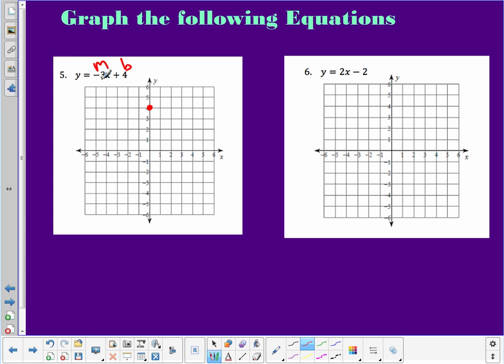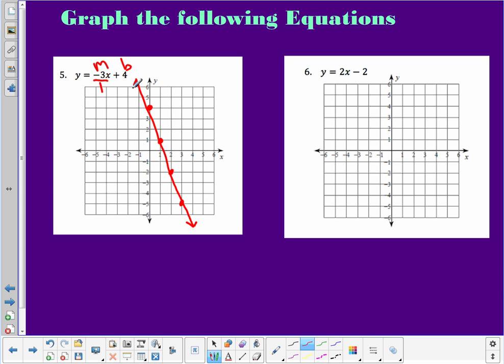Then I use the slope, -3, and treat that as rise over run. That would be -3/1, which means I go down 1, 2, 3 places and over 1. It's helpful to do that a couple times so that you've got a few points to give you that nice straight accurate line. If we only have 2 points, we can do it with just 2 points, but it might not be super accurate.